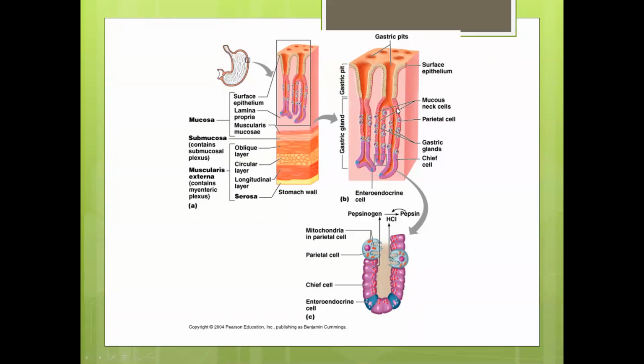But then there are 3 really important cells we'll take a look at in the lower portion of the gastric gland, right here. These little blue ones look like little circles or little Pac-Man dudes. Oh my goodness, you guys, these are my favorite cells.